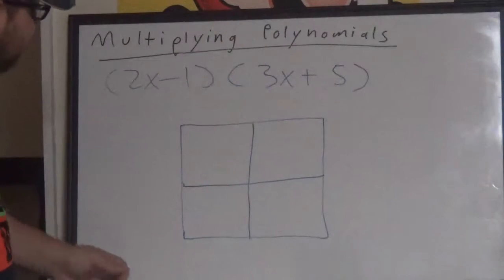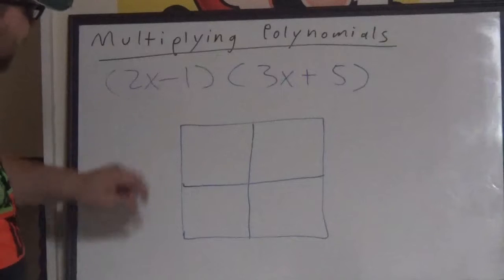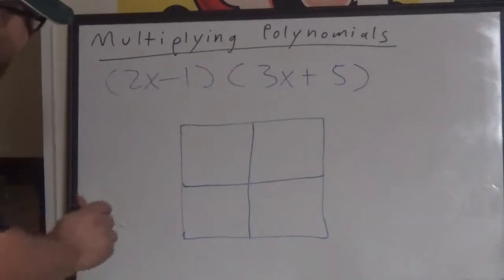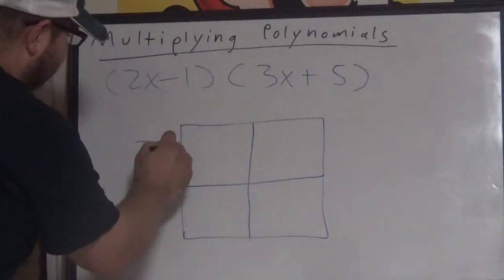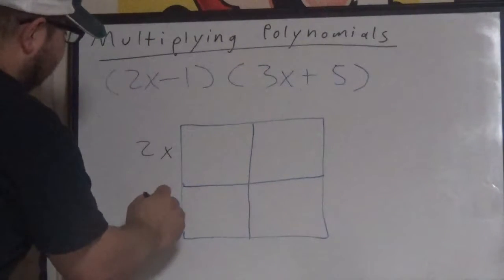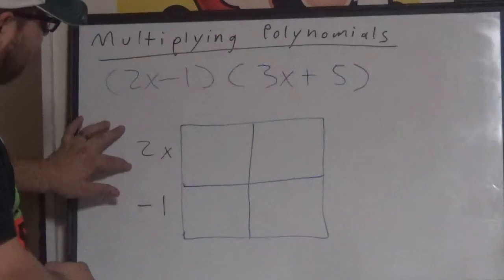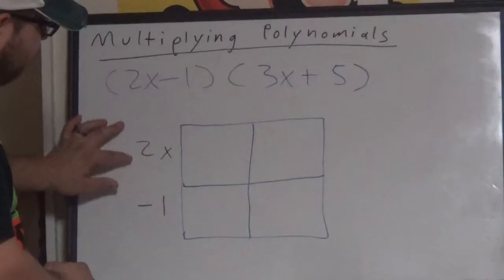So that's why sometimes something like this box, or box method or area model, often works very well. So, we'll start with 2x minus 1. On the outside of this box, I'm going to put each of our terms. 2x minus 1. So on the side, I'm putting each term from that binomial.